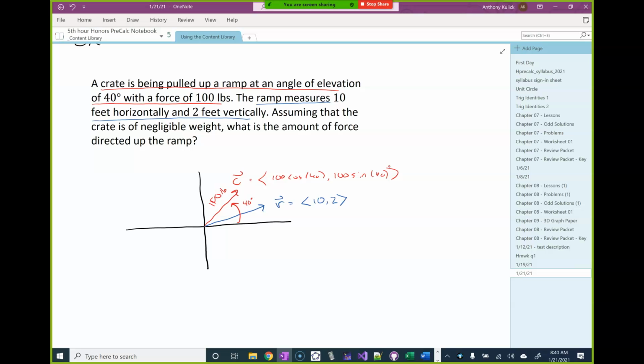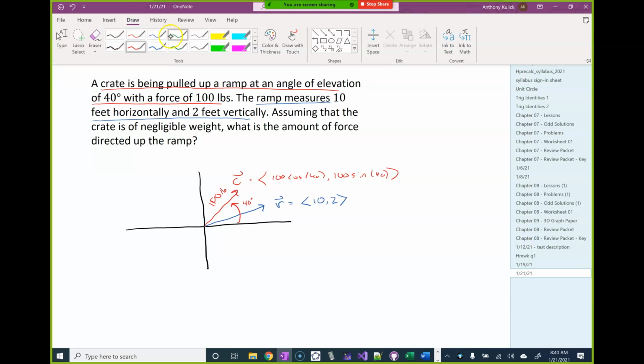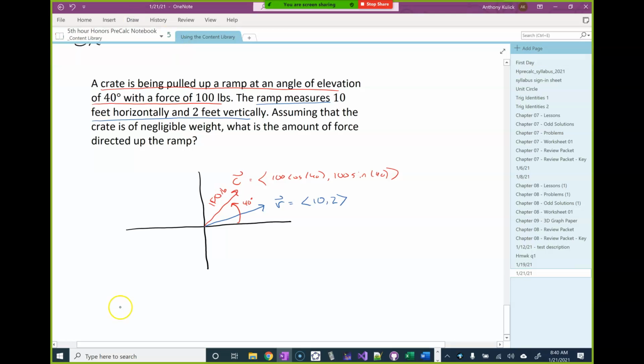Everybody's okay with that idea? Now that I have my two vectors both in component form, I can calculate the projection vector, since again, if we want the amount of force directed up the ramp, that is talking about the magnitude of the projection of C onto R.